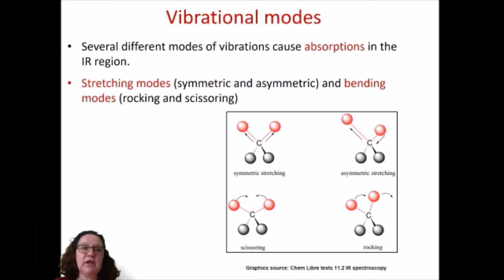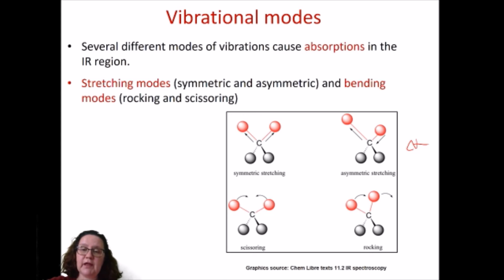There are different ways a molecule, or a set of atoms bonded together, can vibrate that will cause absorptions in the infrared region. The main modes in which a set of atoms can vibrate are stretching and bending. In the diagram you have here, you have an example of stretching modes, the ones at the top, and the stretching can be symmetric or asymmetric.